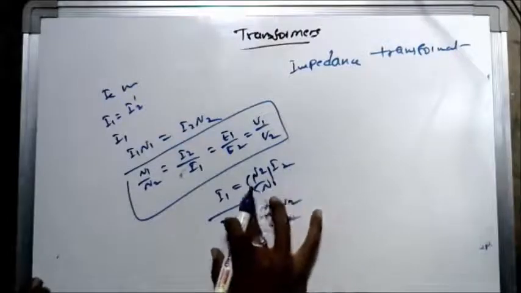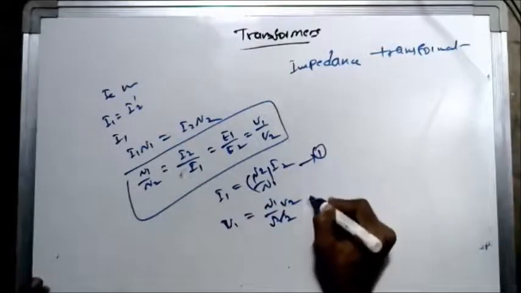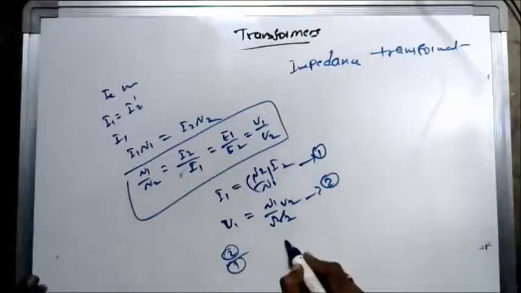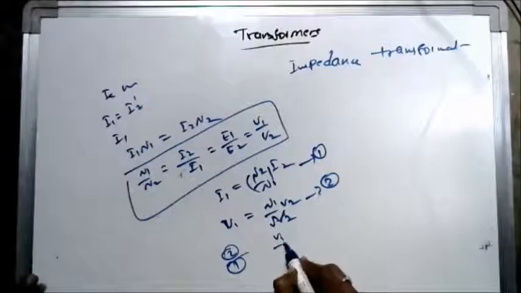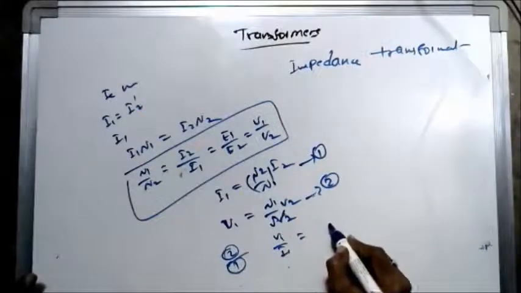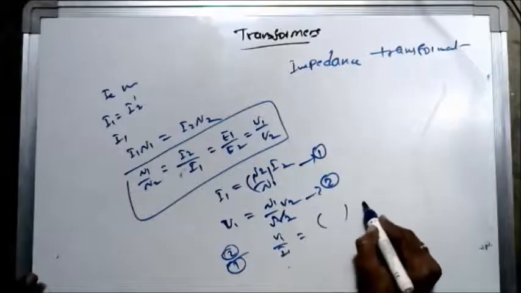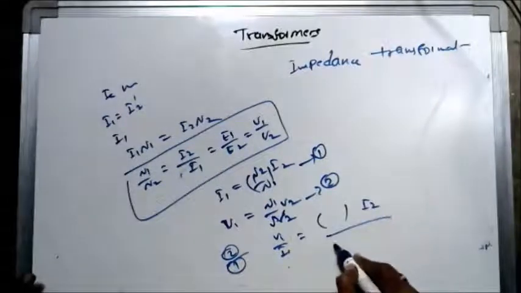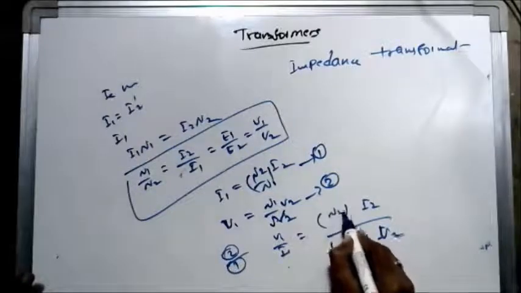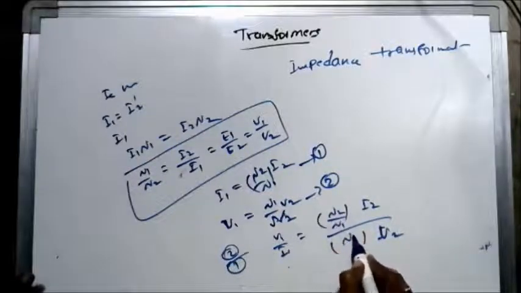So V1 by I1 is equal to N1 by N2 into V2, divided by N2 by N1 into I2.